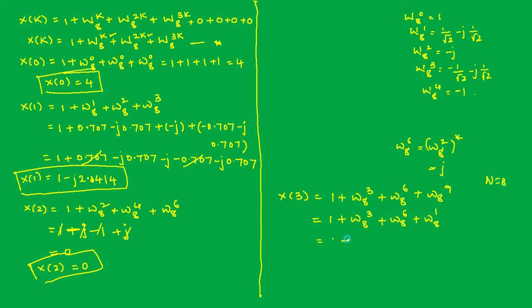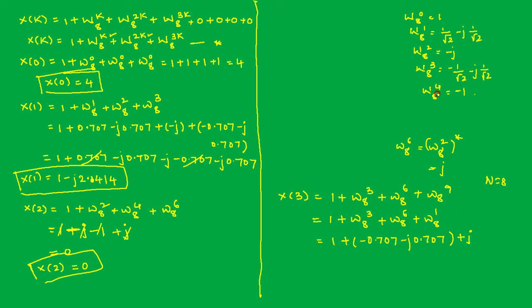So next, 1 plus, what is W8 raised to 3? Here it is minus 0.707 minus j 0.707. Next W8 raised to 6 is the complex conjugate of W8 raised to 2, which is minus j, so it becomes plus j.